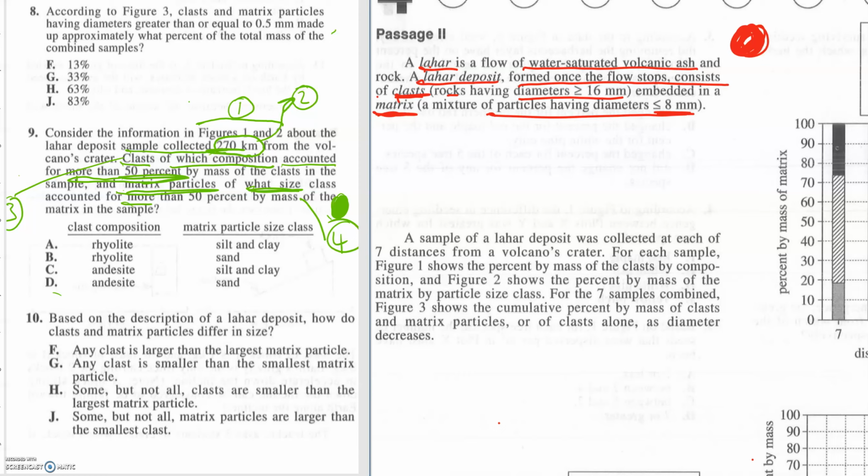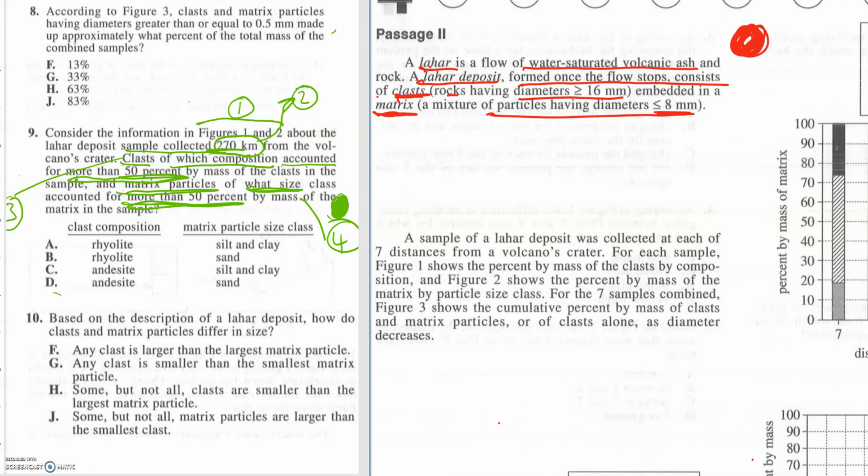Accounted for more than 50% by mass of the matrix in the sample. Okay, I think if you weren't breaking this down step by step, that question's got a lot of information, and it might kind of overwhelm you. But breaking it down to just 4 steps, all we've got to do is take it step by step. Answer step 1, answer step 2, answer step 3 and 4, and we'll have the answer.